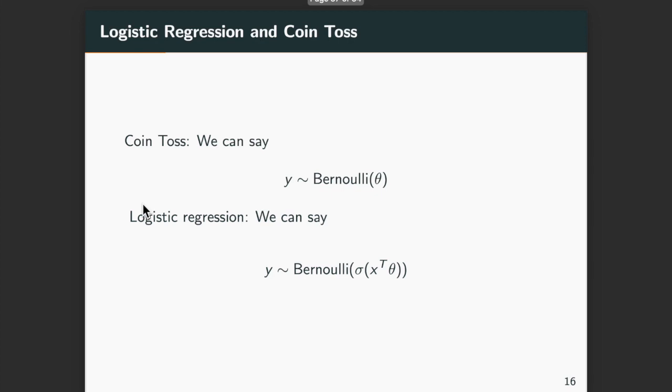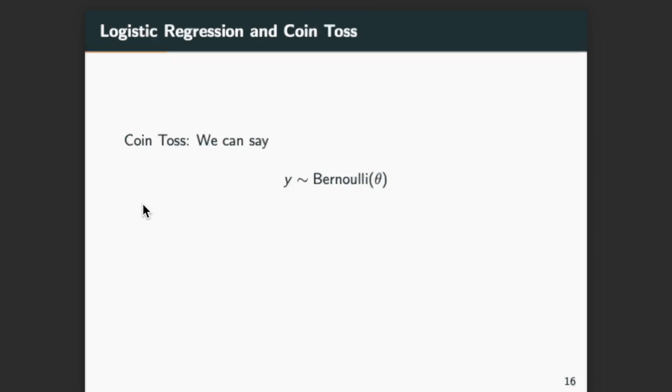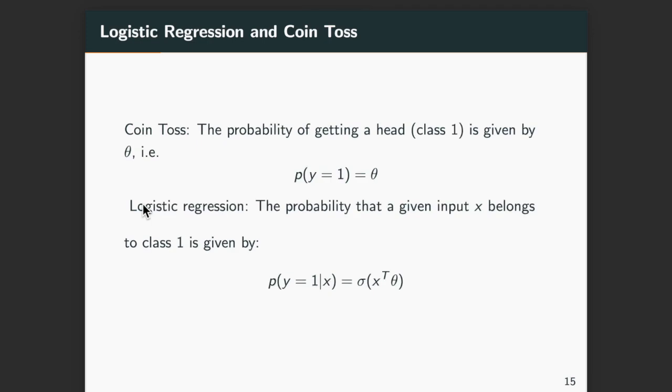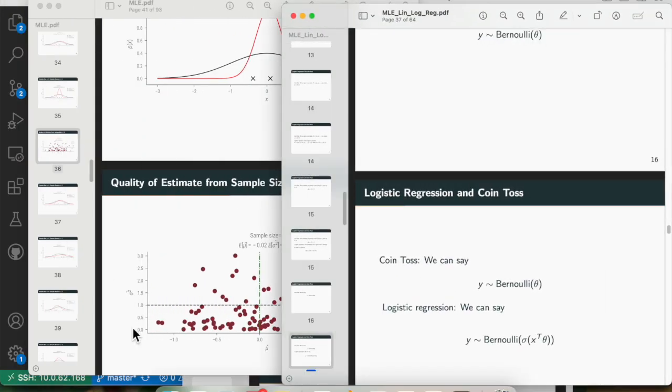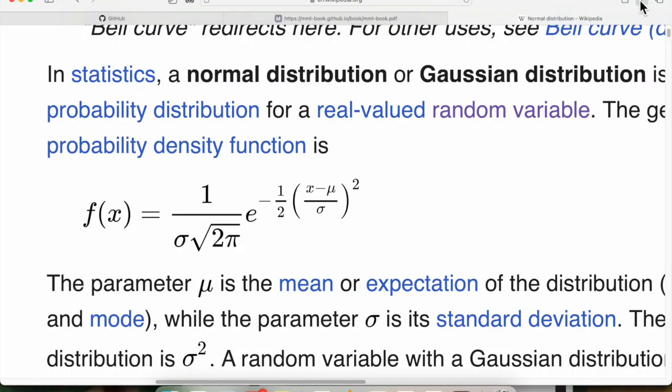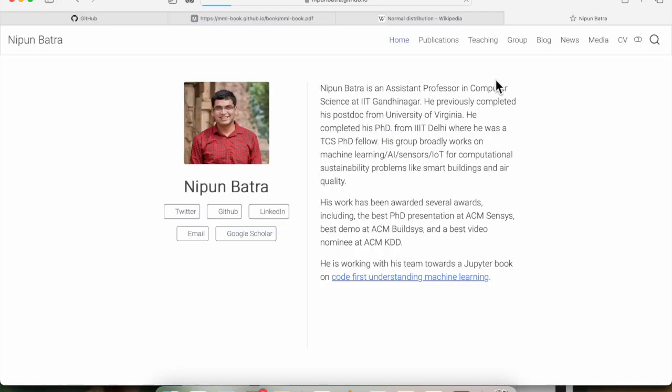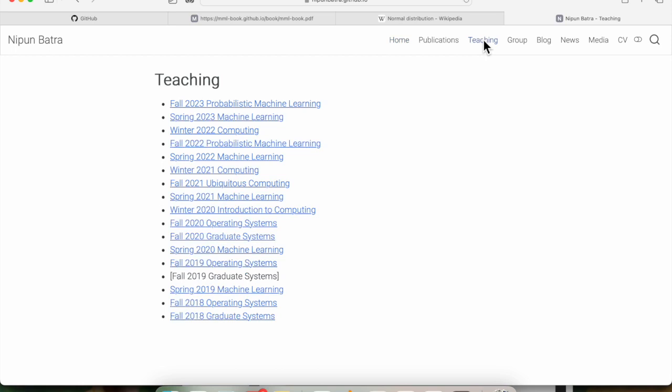So this is perhaps the better way to always start. But because we're used to looking at P of y equal to 1 given x equal to sigmoid of x transpose theta, I think that is easier to look at. If you want, we can go back to the logistic regression slides and show that this is exactly what we'd seen.